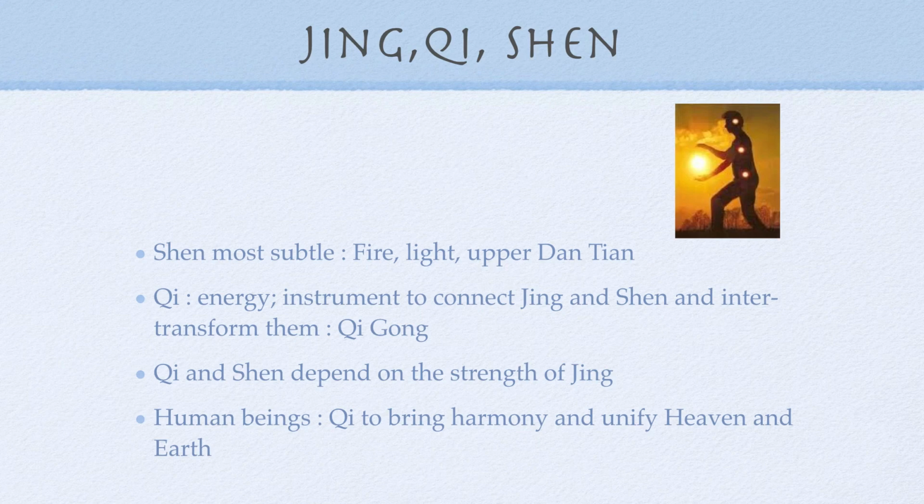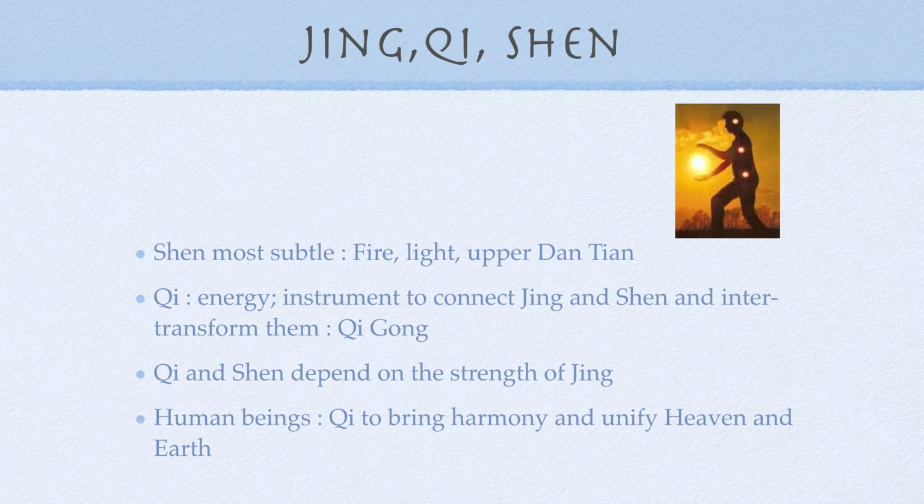The Qi, the second one, the second treasure, which we will see in our part 2, is often translated as energy. So basically, the Qi is the instrument we have to connect Jing and Shen and intertransform them. So Qigong, for example, which means work with Qi, is actually an instrument or a form of exercise that we use to transform the Jing into the Shen.